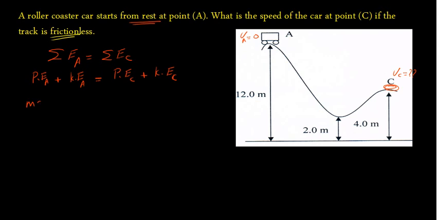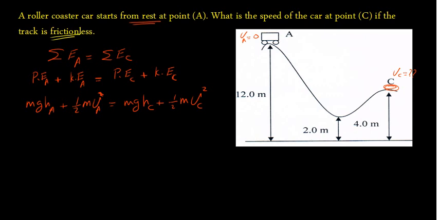It's m g h_A plus half m v_A squared. Here I have the mass, gravity, and the height at C plus half mass and the velocity at position C squared.